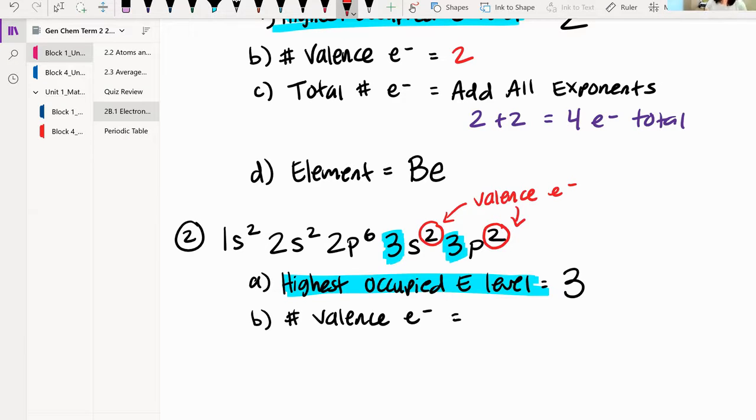Because all those electrons reside in the 3rd energy level, which happens to be the highest occupied, they are all considered valence electrons. So for this one, because I have the number 3 twice, I have to add those exponents together. So it's going to be 2 plus 2. I'm going to get 4 valence electrons.